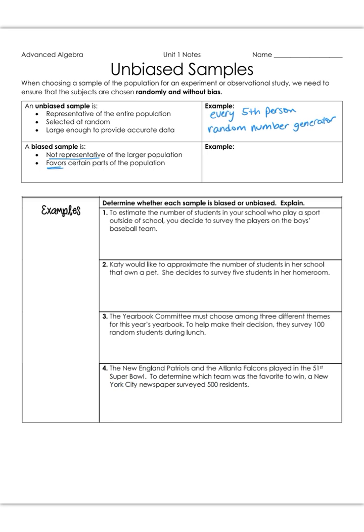A biased sample would be asking just the football team. Like, say, if we were just asking the football team what electives we should have.